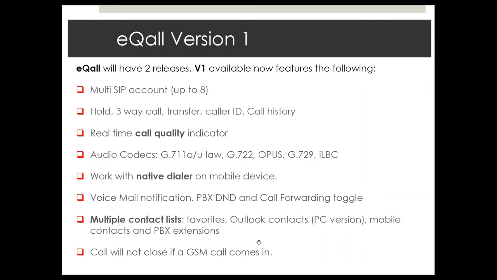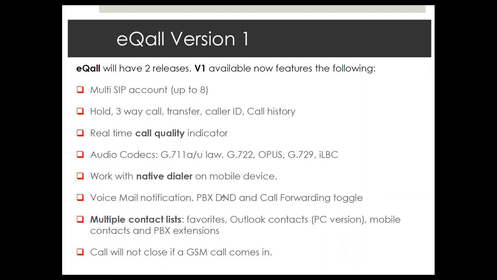It does have voicemail notifications that you can actually play your voicemails. You can do not disturb and call forwarding toggles on the PBX through some keys on the application. I'll show you that a little bit later. Multiple contact lists. There's several of them.